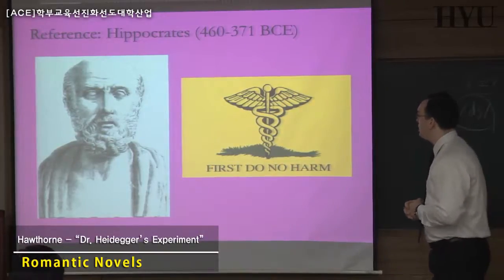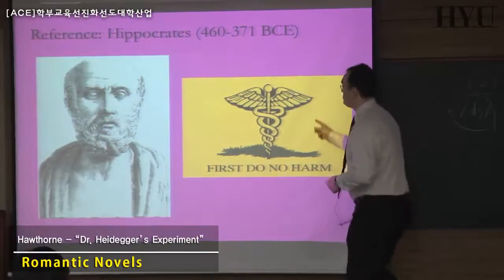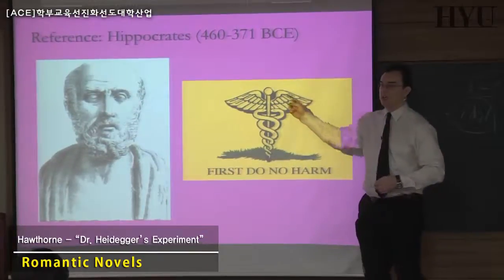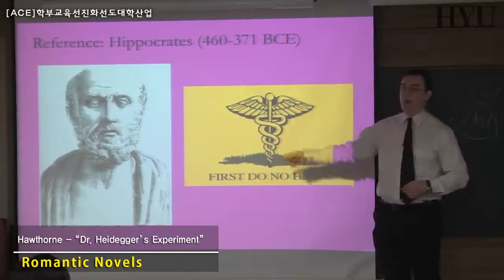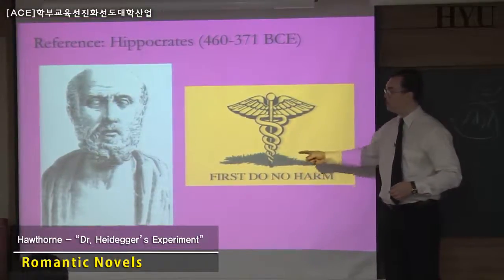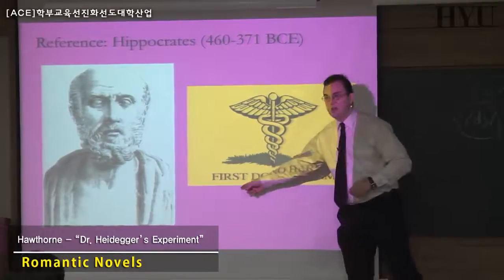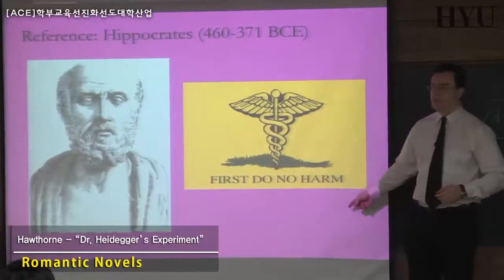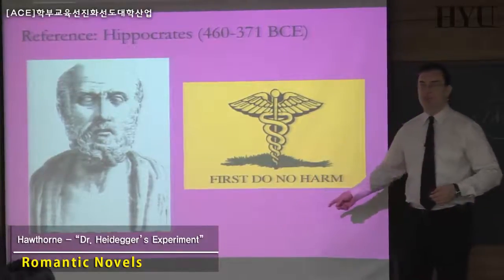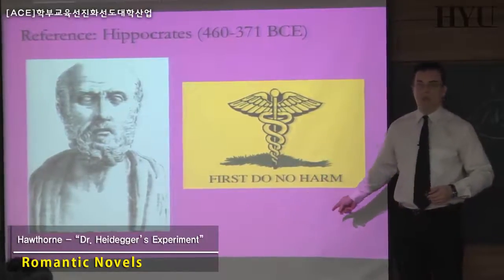So you can see there that this particular symbol was sort of associated with the school and the ideas that Hippocrates founded, this particular symbol. And this is also his motto, right? This is the number one rule that Hippocrates said that all doctors should live by.